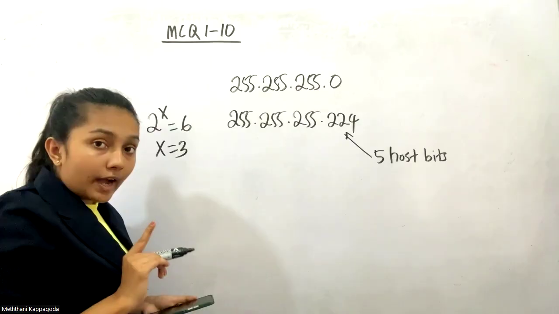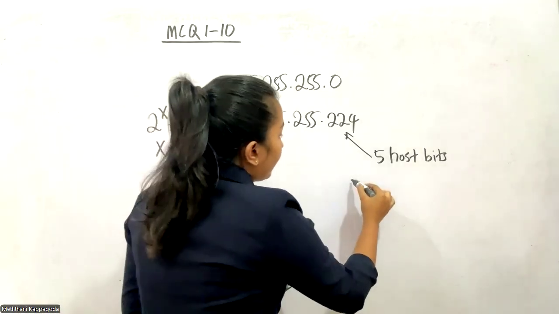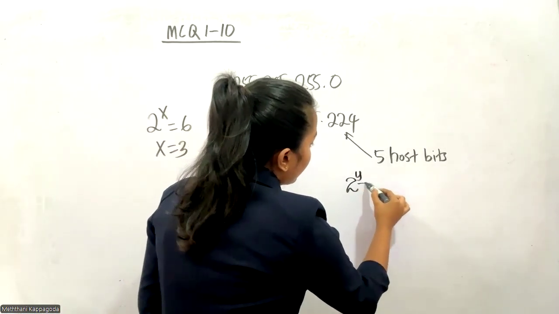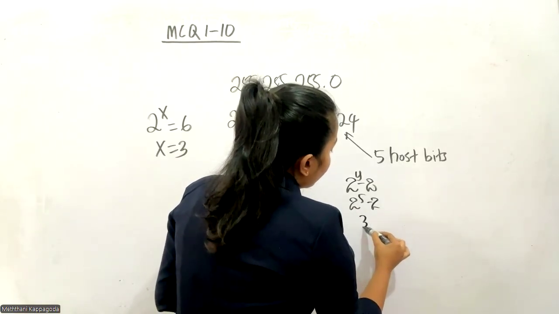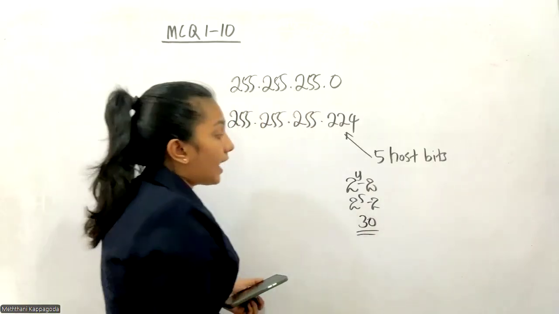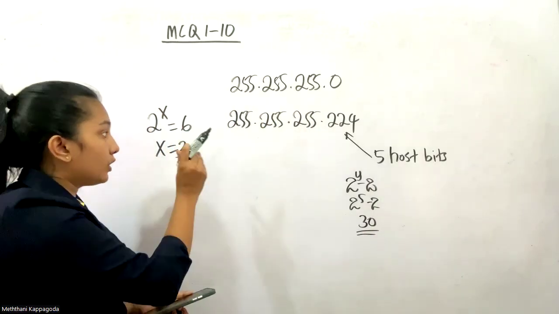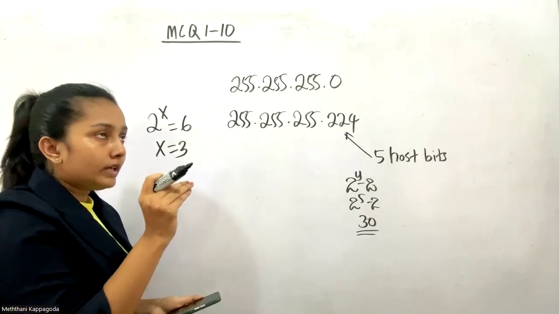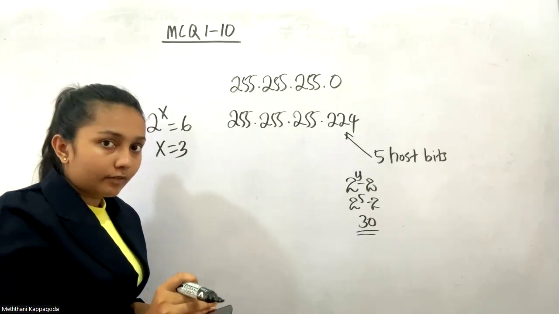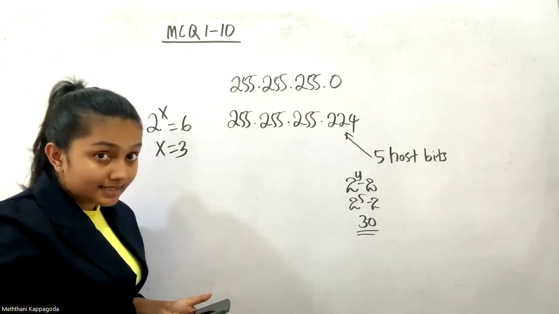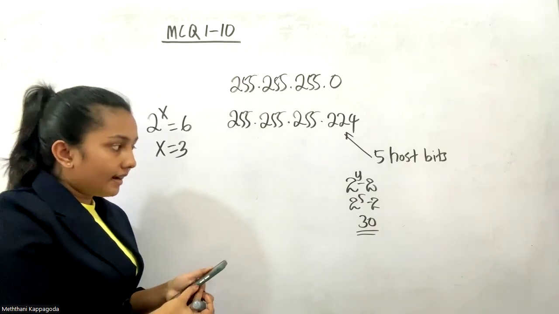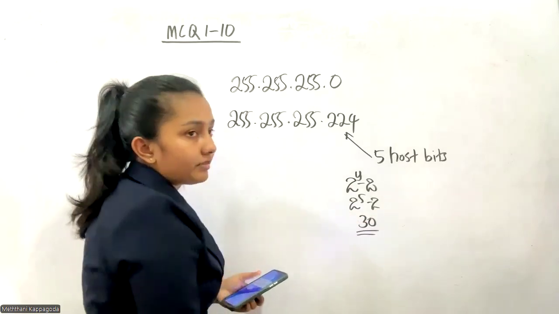So the number of hosts is 2 to the power y minus 2, 2 to the power 5 minus 2, which equals 30. If you need to create a network with 6 subnets, you can achieve a maximum of 30 hosts.